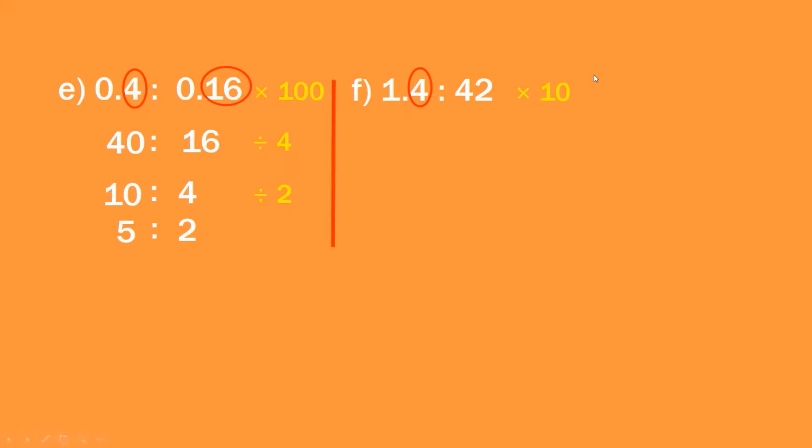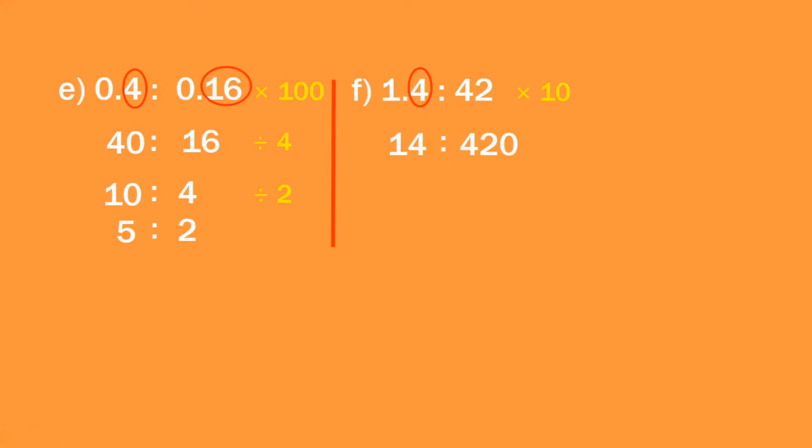We will multiply both sides by 10. 1.4 multiplied by 10 equals 14, and 42 multiplied by 10 equals 420. So now we have two whole numbers, 14 and 420.